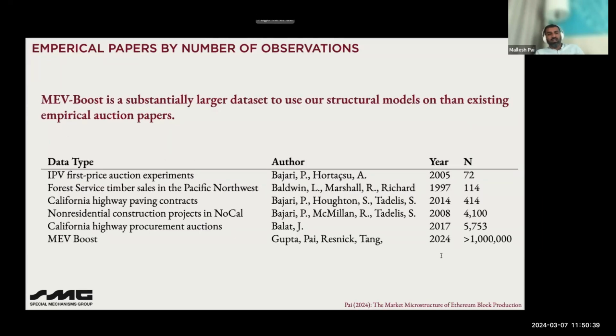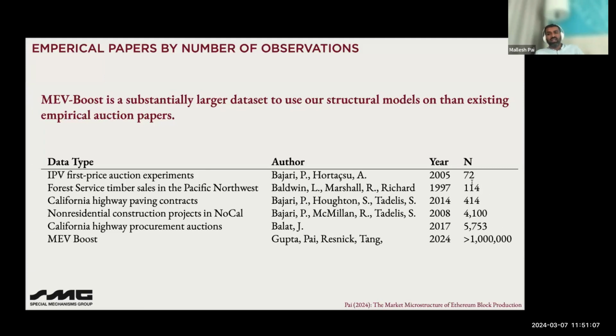It's also, I think, just academically of interest, in the sense that we have a lot of very successful, very important papers taking auction theory to data. Here, the MEV boost auction provides a rich, well-structured auction with a substantially larger data set to use our techniques on than existing empirical auction papers.